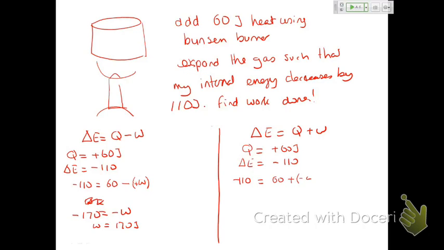Minus W. So we have minus 170 is equal to minus W. So W is equal to 170 joules. So two different approaches to get to the same answer.